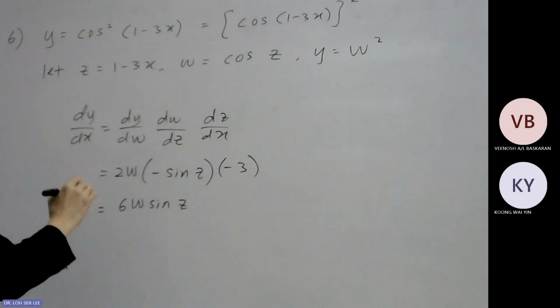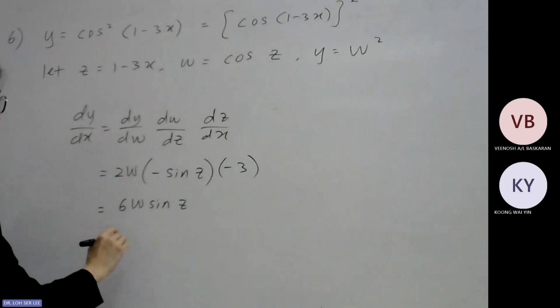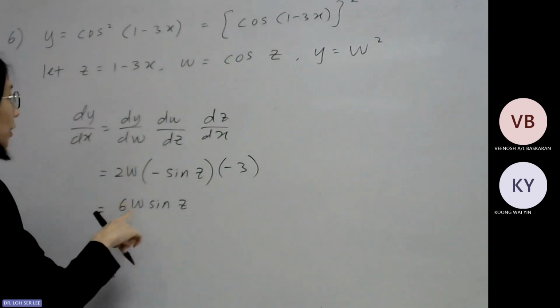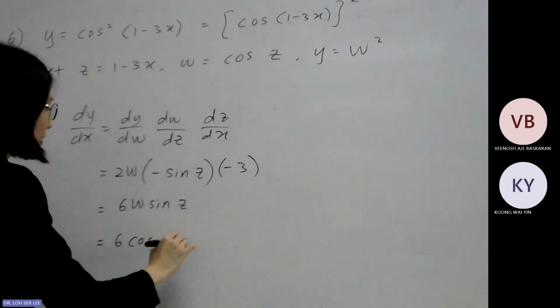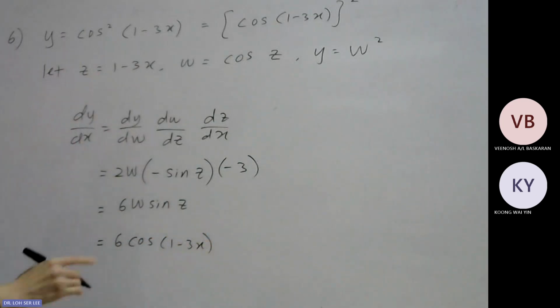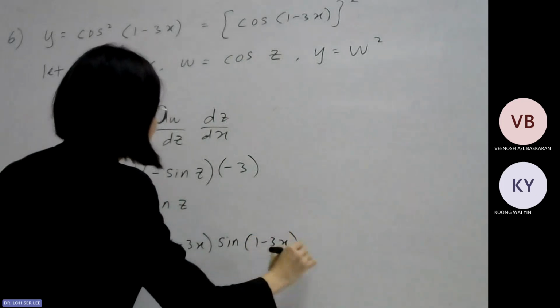Positive 6w sine z. Okay, and we change the w and z back into x. W is cos z, cos where z is 1 minus 3x, and then sine z.